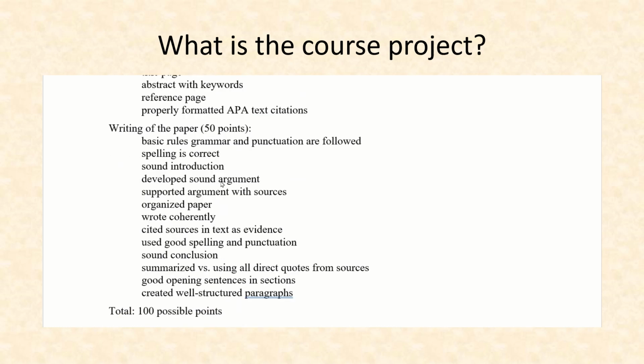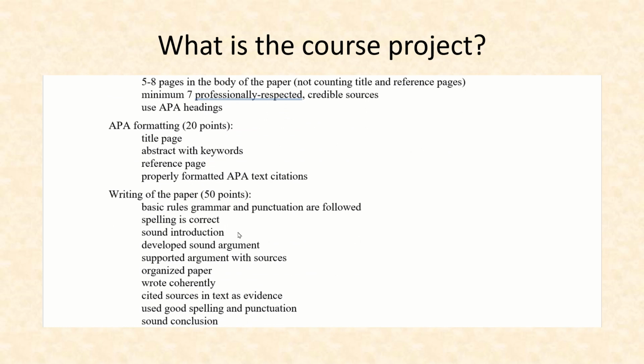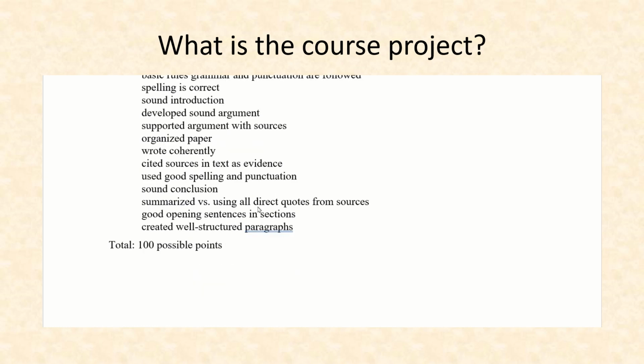And then finally, the writing of the paper, the way that you communicate and express your ideas. That will be a third area of this rubric. When you add up the points between meeting the requirements, 30, the APA portion, 20, and finally the actual communication of your ideas, the writing of the paper, it will add up to 100 possible points for this rubric.